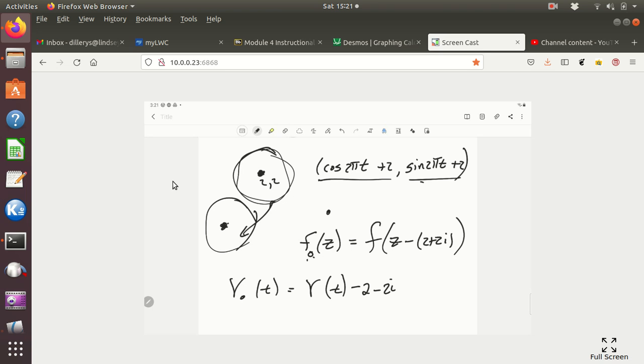And so before, if you would want z equals 0, well, to get z equals 0 now would be at the point 2, 2 here. And the argument in here would be 0.